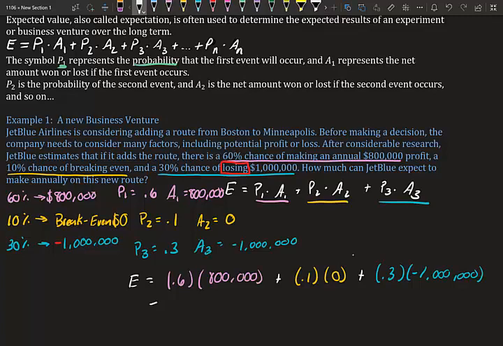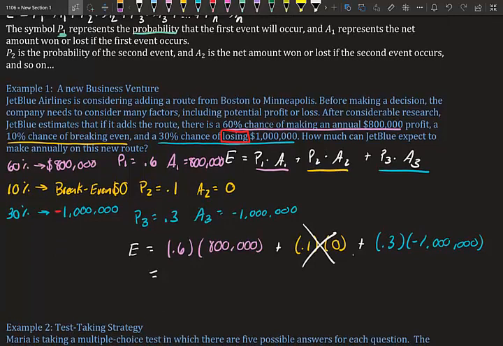From there, we just use our handy dandy calculator to simplify. So 0.1 times 0 goes away, because anything times 0 goes away. 0.6 times 800,000 is 480,000. And then 0.3 times negative 1 million is negative 300,000.